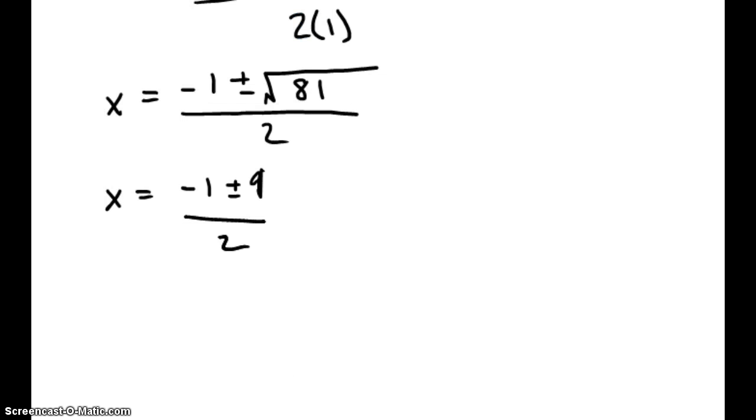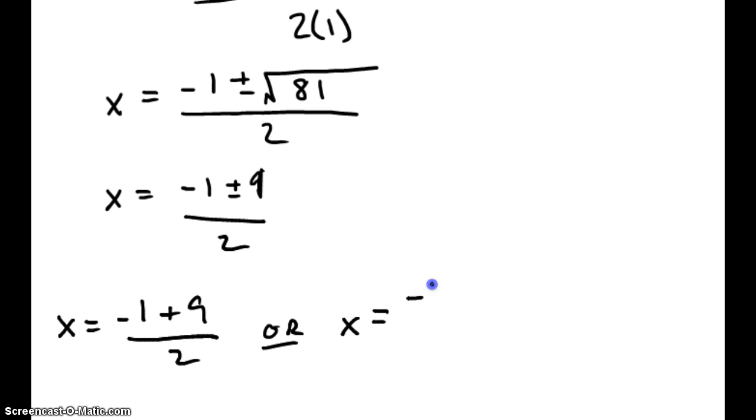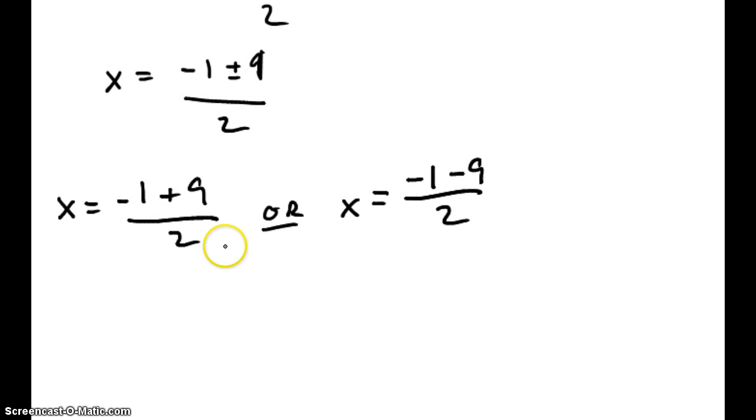If I split this into two equations, x is equal to negative 1 plus 9 over 2, and this will be an OR situation, and we have that x is equal to negative 1 minus 9 over 2. This is just an order of operations thing.